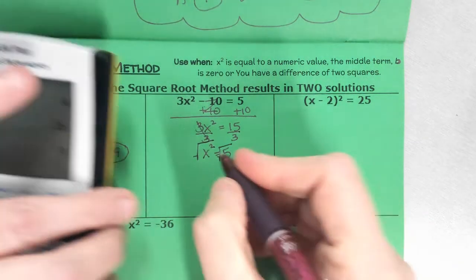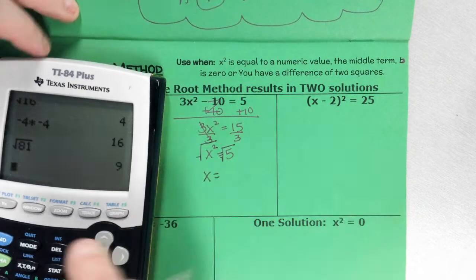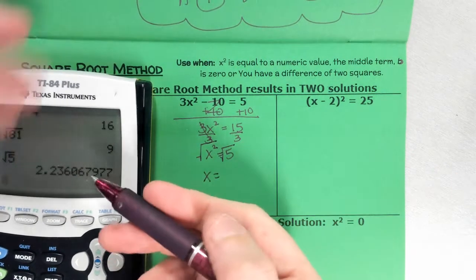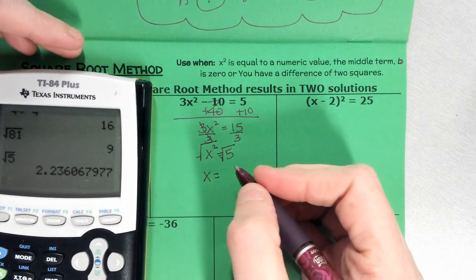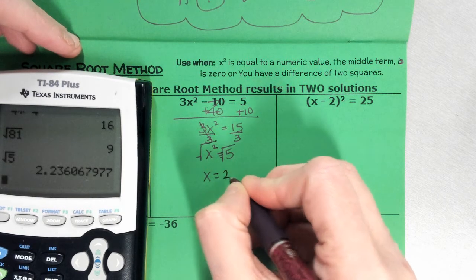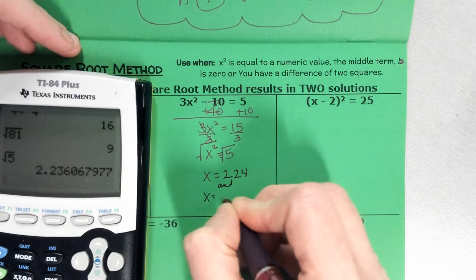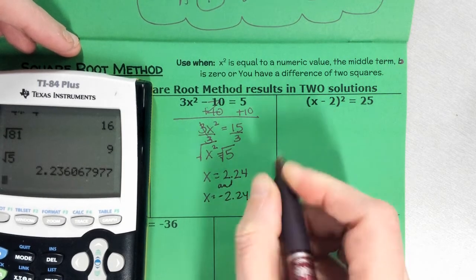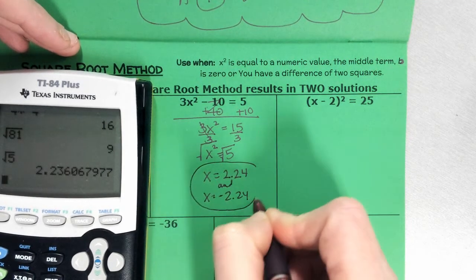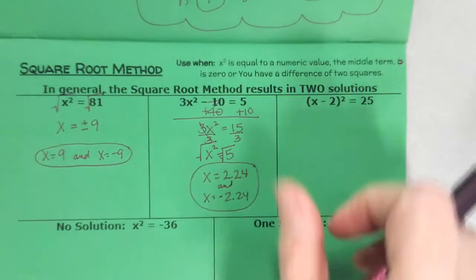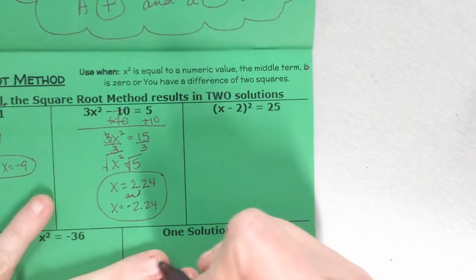The square root of x squared is x, and the square root of 5, I'm going to say, is 2.24. And x is also negative 2.24 because, again, I have 2 roots. I have the primary and then I have the negative root. Okay? All right. So this guy.